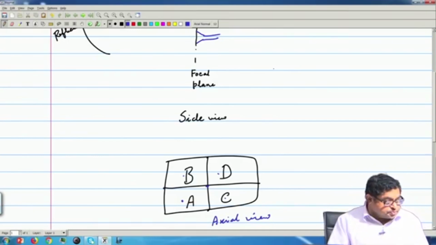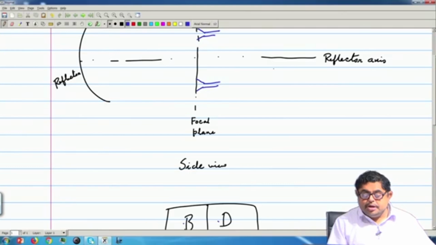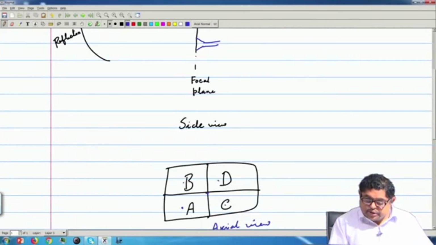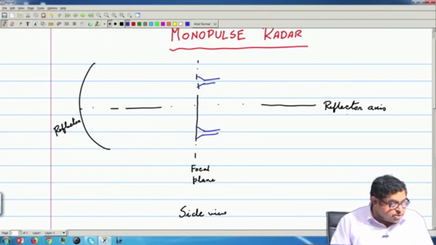Now, in any squint beam system we have the crossover point. As I have shown, this is the crossover point, and it lies on this axis. So, the reflector axis is also the crossover axis.